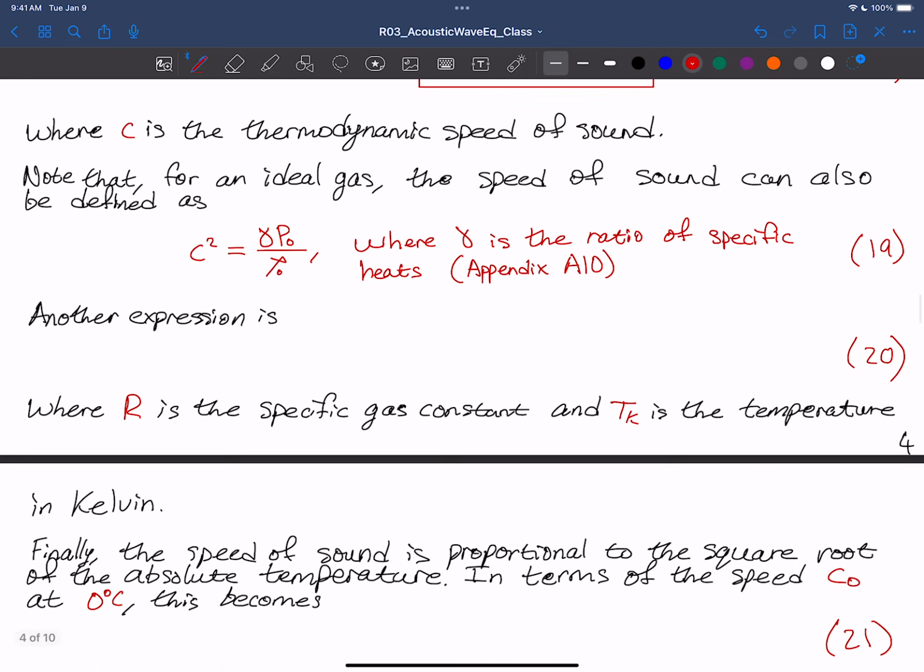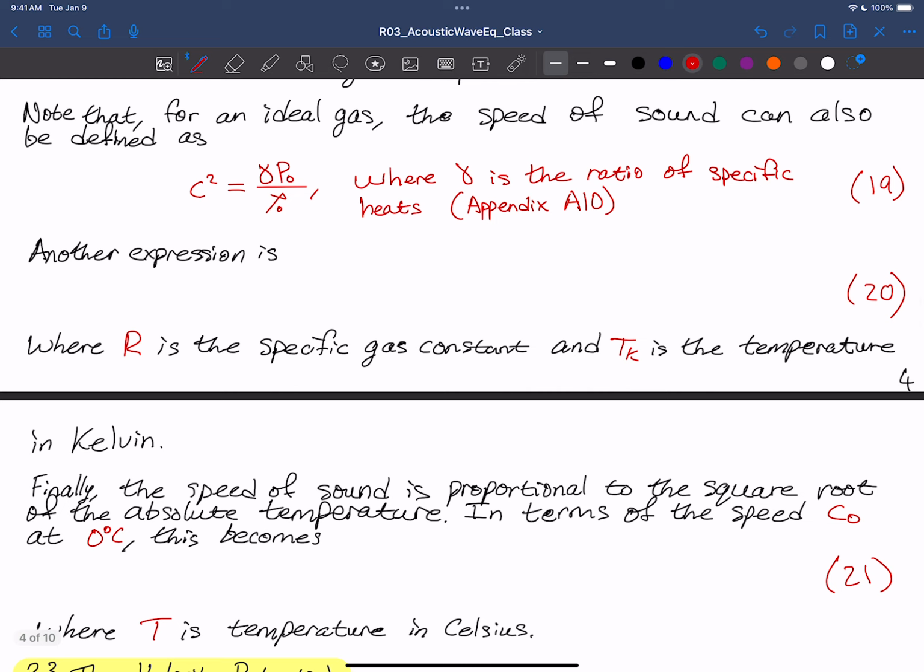And another expression here is that c squared is equal to gamma times R times the temperature T in Kelvin, where R is the specific gas constant again, and T is the temperature in Kelvin.